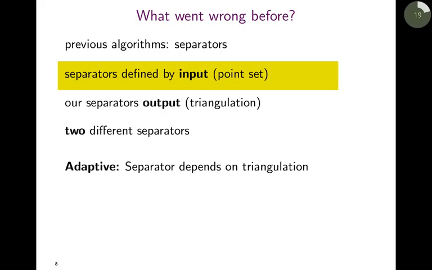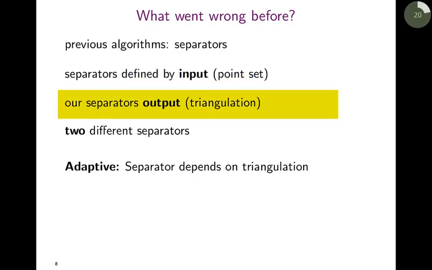And the way they define their separators is in terms of the point set. From our point of view, so I've been told that Alvarez and Seidel also thought about their separators as being defined in terms of the output, but we didn't know that. So what we did is we concentrated on trying to identify separators in the output, namely the triangulations.